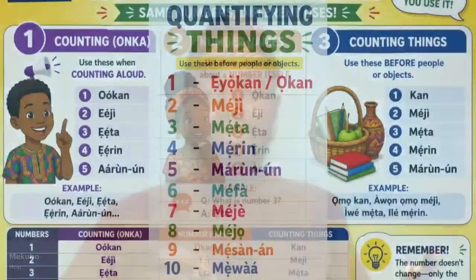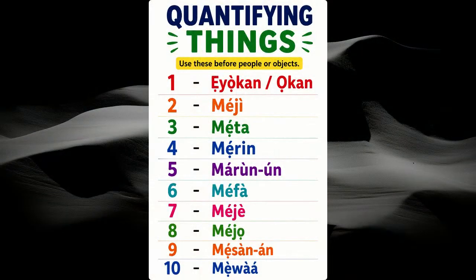Now, the point where it gets confusing to some people is, what if I want to say I have 4 pens? If I want to say I have 4 pens, pen mẹ́rin is what I would say. So when we are quantifying things, when we are saying the quantity of things that we have, we use this instead.